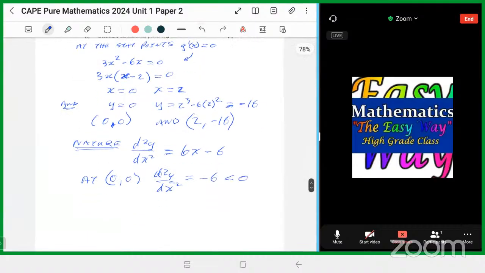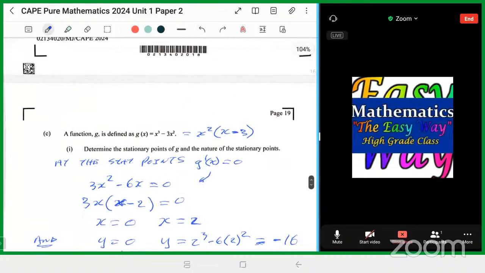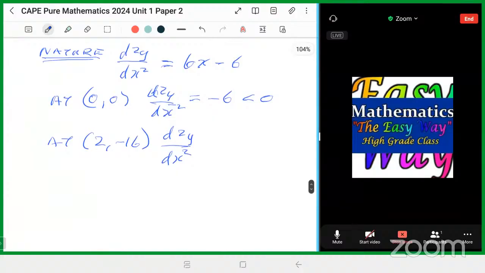And at the point 2, negative 16, the d2y by dx squared. Since I'm using dy by dx, y equals g of x.